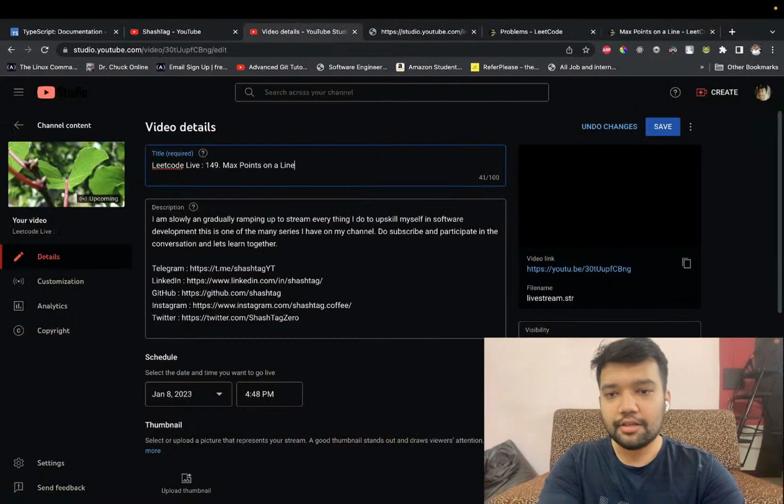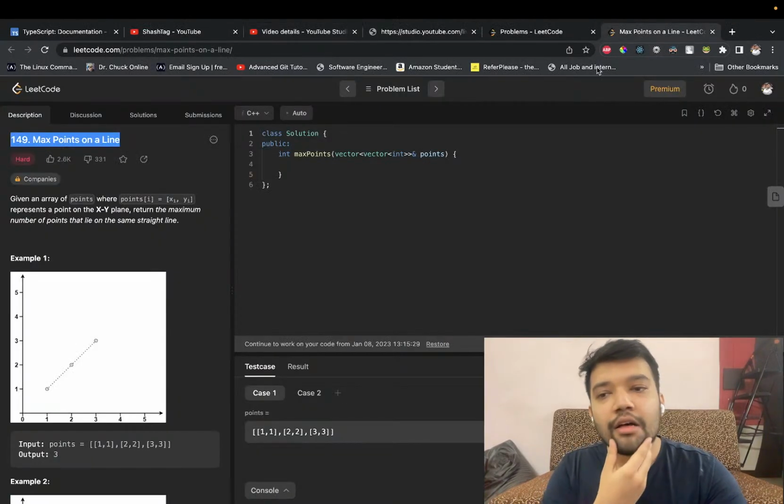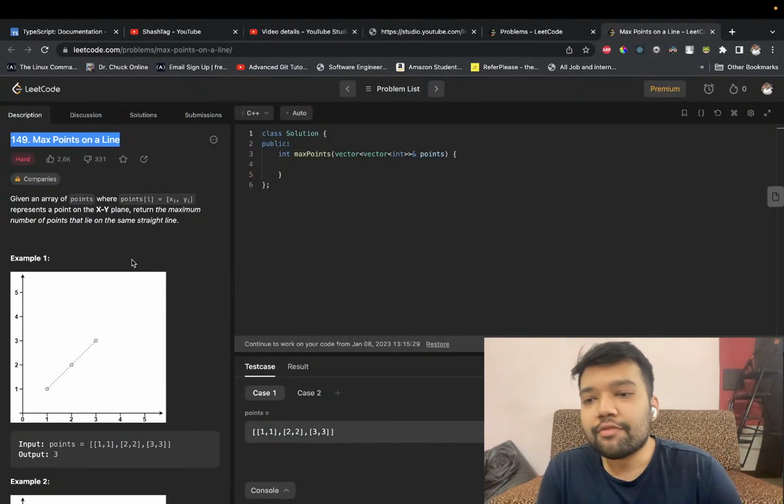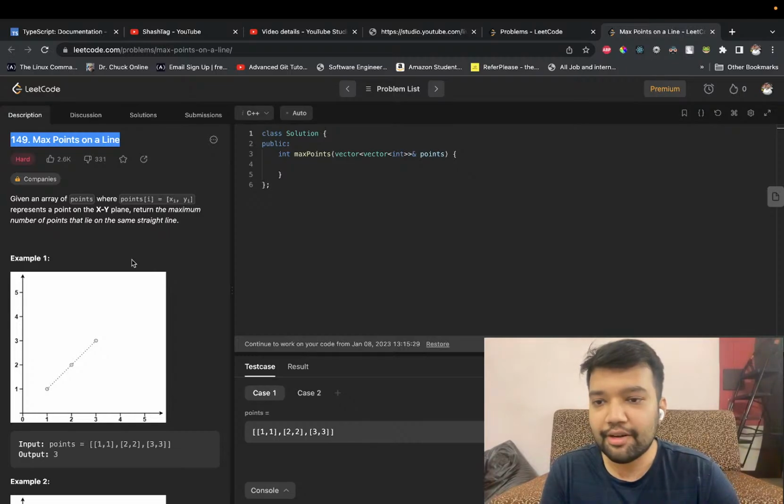Given an array of points where p of i is equal to (xi, yi) representing a point on the XY plane, return the maximum number of points that lie on a straight line.